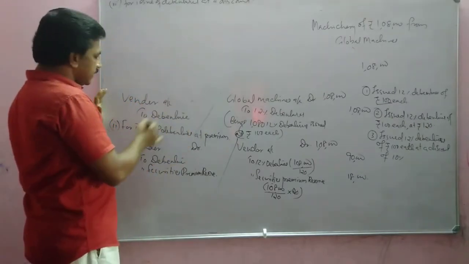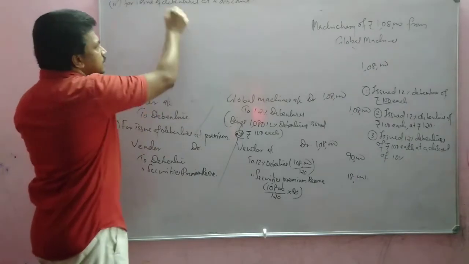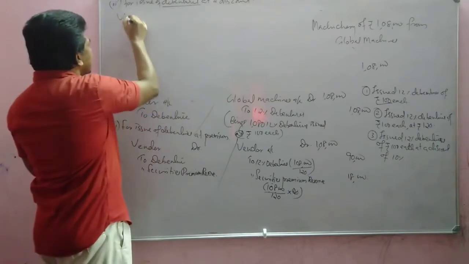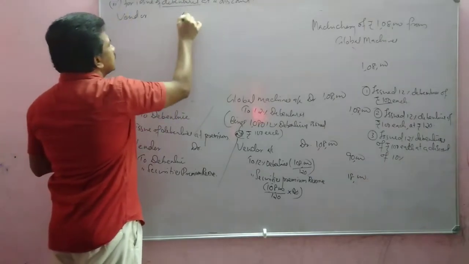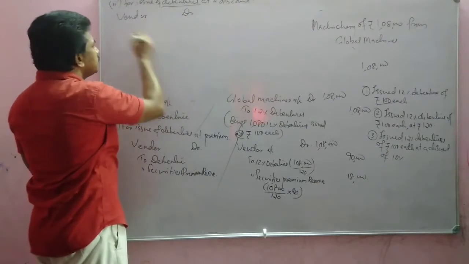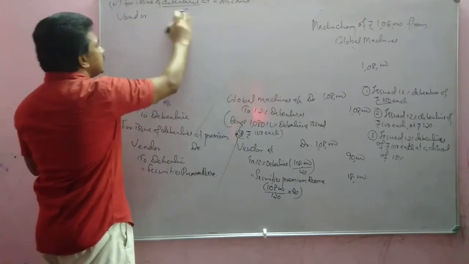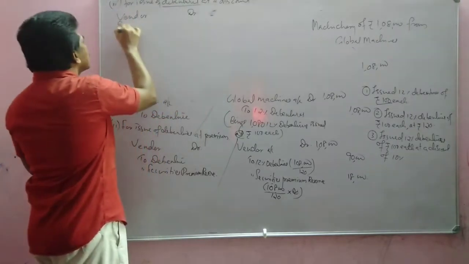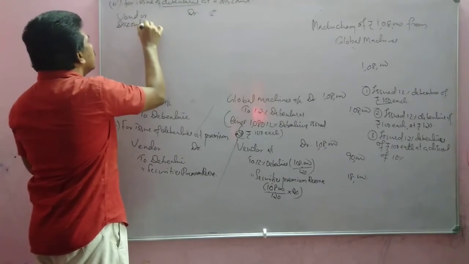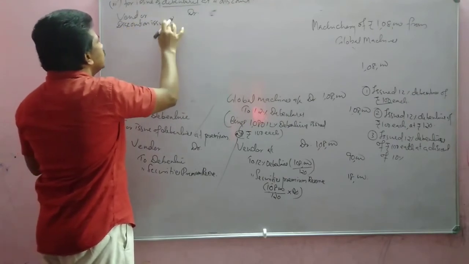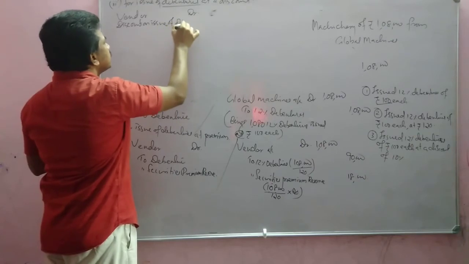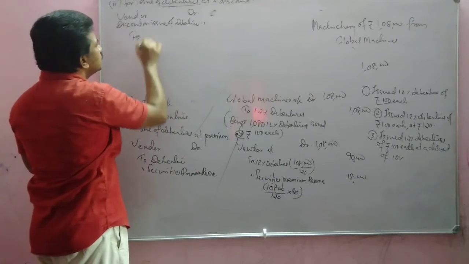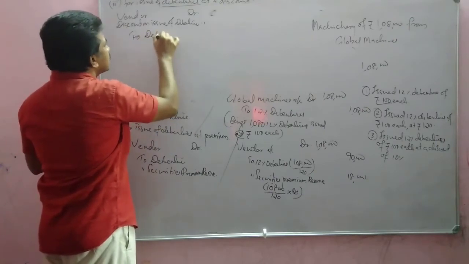For the issue of debentures at a discount: vendor debtor, discount on issue of debentures debtor, to debenture or debenture capital.